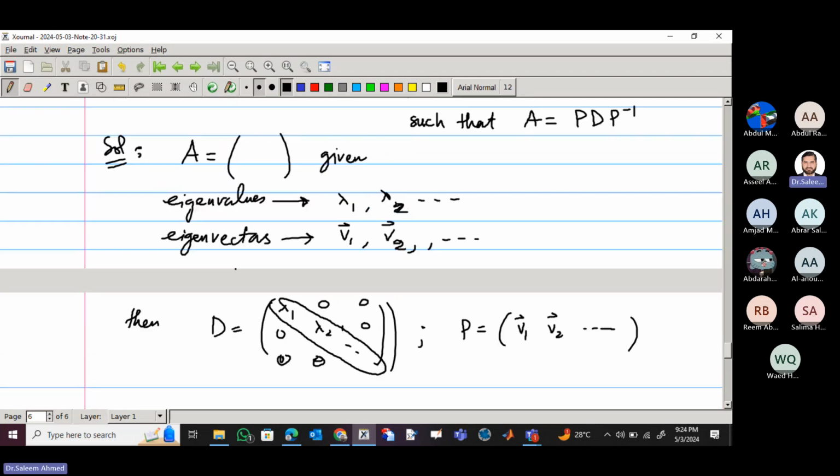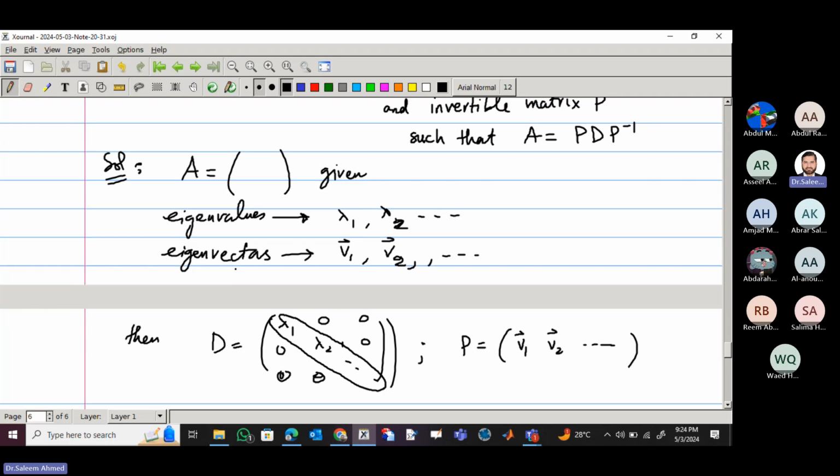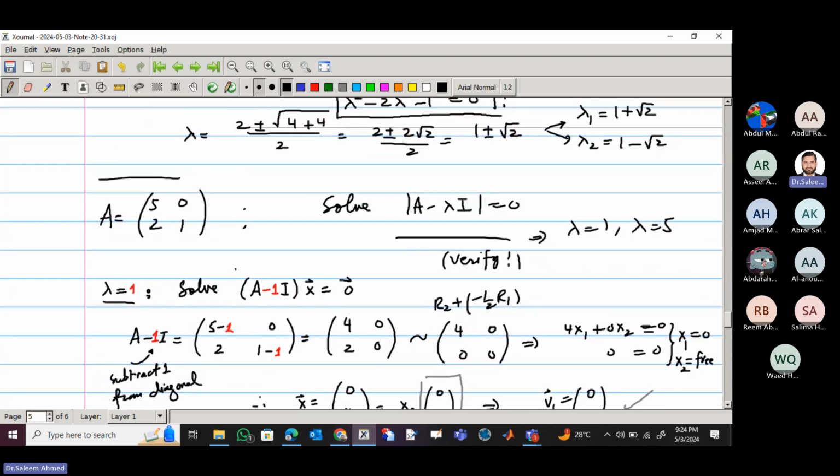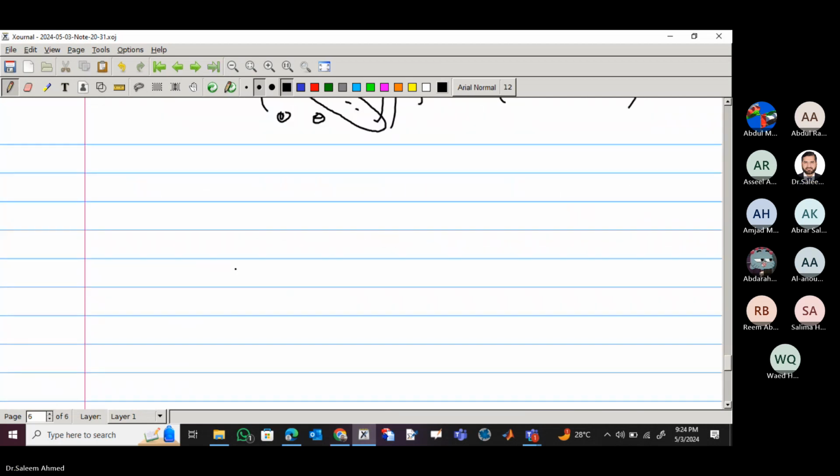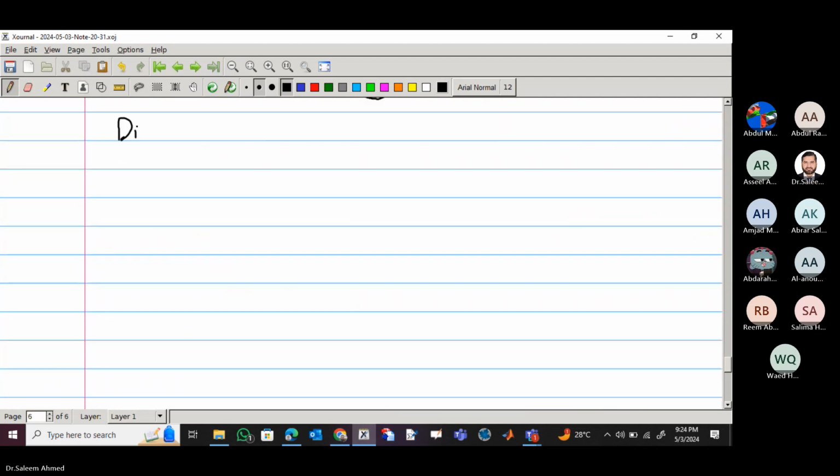So let's say in the above example, if someone asked me to diagonalize this matrix A, which is 5, 0, 2, 1. Let's say this is the question. So what I will do, step 1 is I will find eigenvalues.